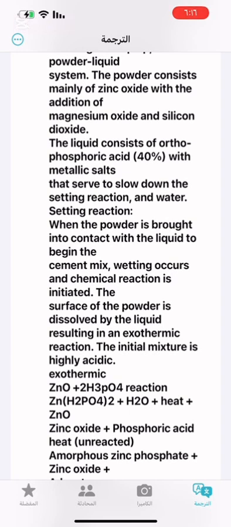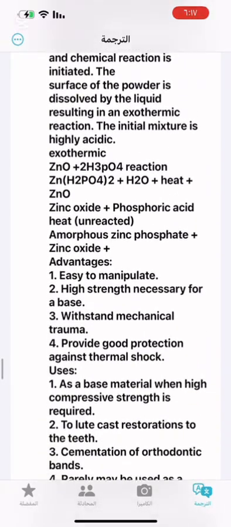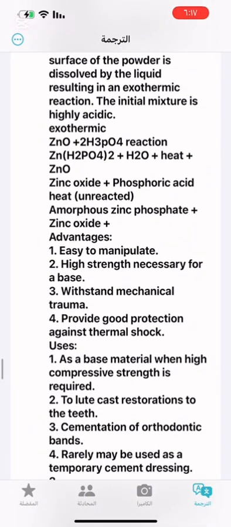ZnO plus 2H3PO4 reacts to give Zn(H2PO4)2 plus H2O plus heat, plus unreacted ZnO. Zinc oxide plus phosphoric acid, heat, unreacted: amorphous zinc phosphate plus zinc oxide.